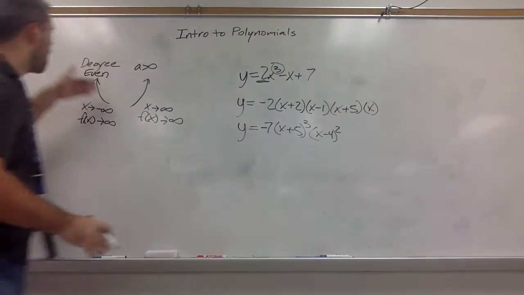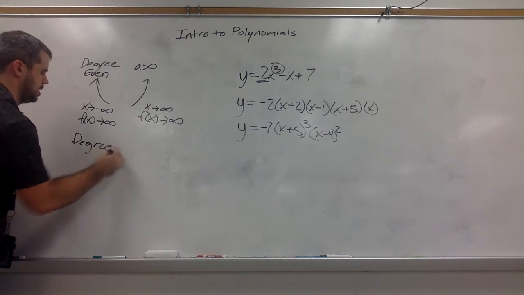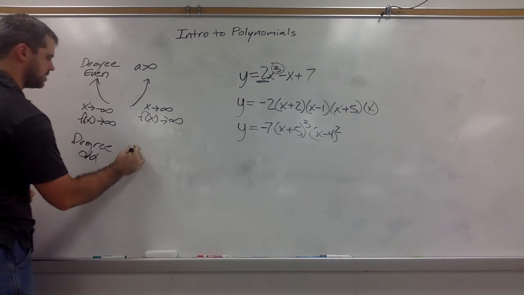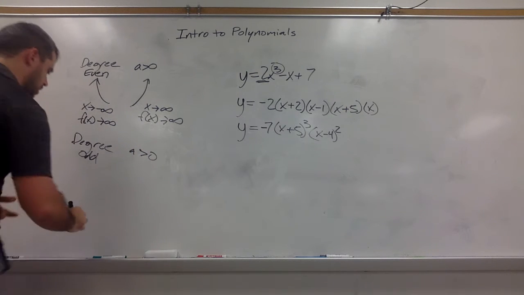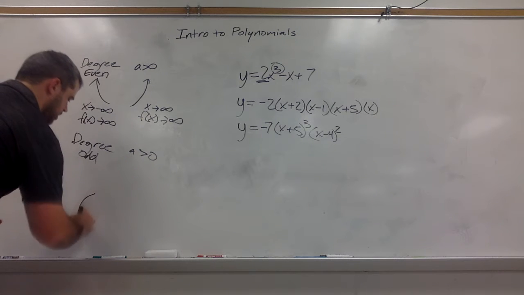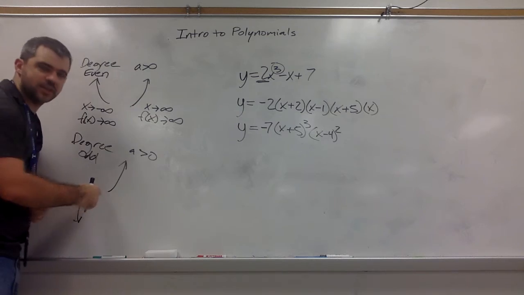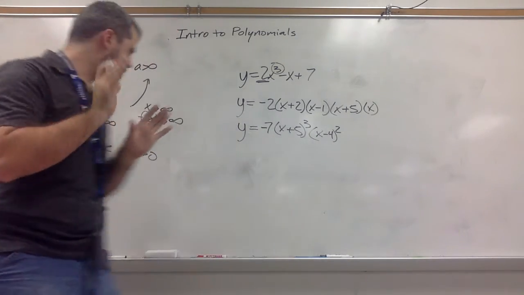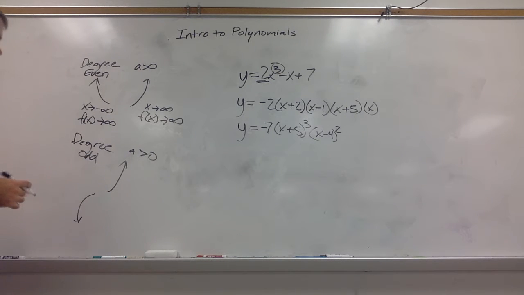What if the degree is odd and a is greater than 0? Well, it's going to do this action. Again, we don't know what's going to happen in the middle. It could dip and do some stuff in the middle, but the end behavior is going to look like this.